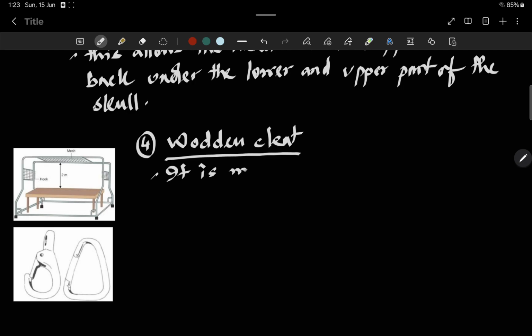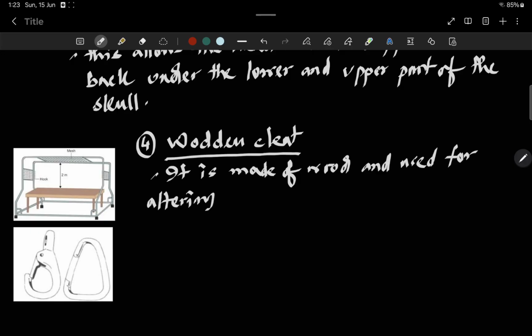It is made of wood and used for altering the rope.